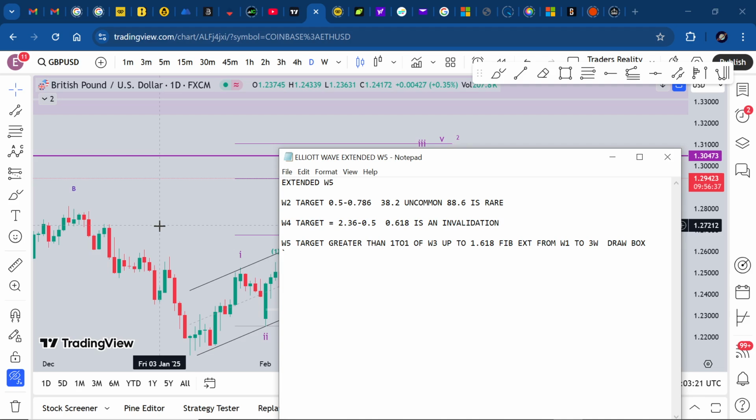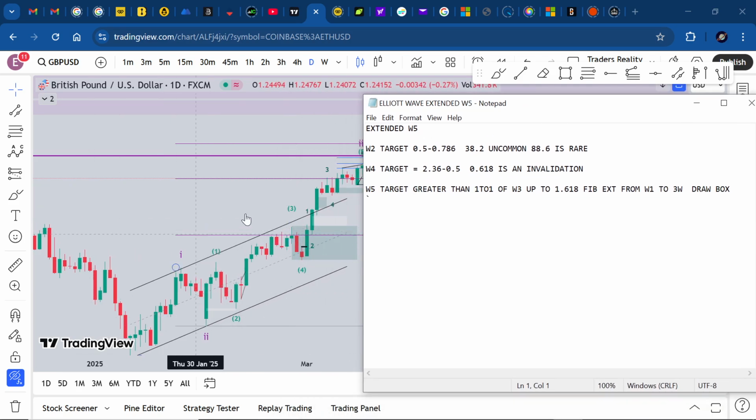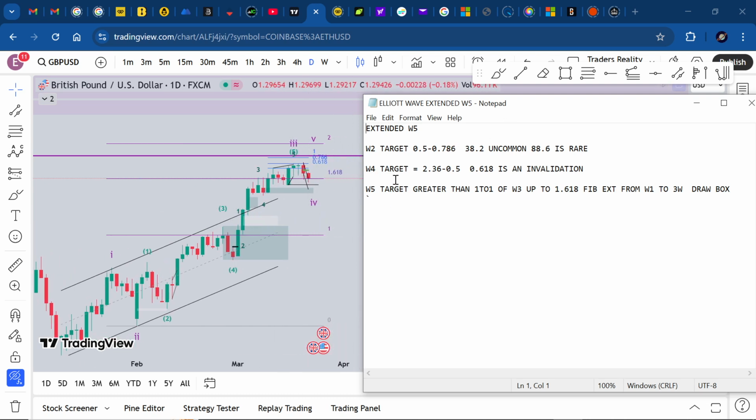When the 5th wave is the extended wave, wave 2 target is 0.5 to 0.786. Wave 4 is 0.236. So right now, that's what we're looking for. Wave 4, okay?